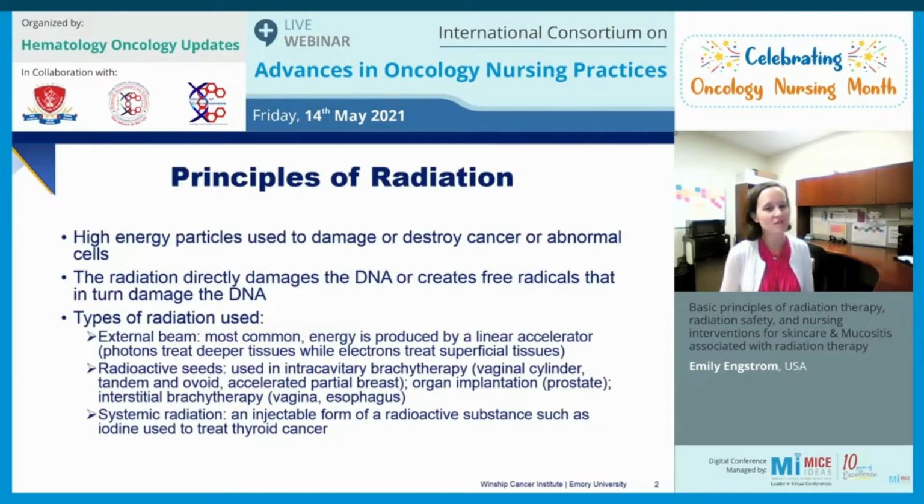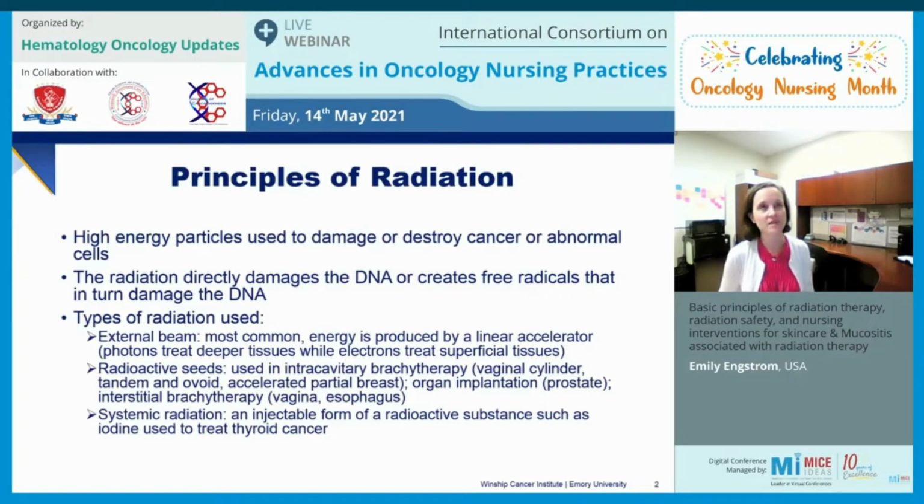So, just a basic radiation are high energy particles that are used to damage or destroy cancer cells or the abnormal cells. So, we do treat benign diseases as well with radiation. And so those are just abnormally dividing and growing cells, just as the cancer does. The radiation directly damages the DNA of those cells and creates free radicals that in turn damage further DNA.